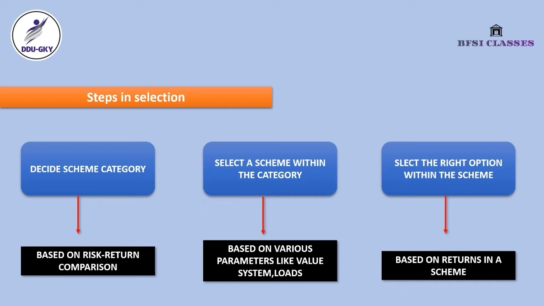It means that the selection ultimately will be based on the return on a scheme. Rather than risk or any other factor, the return from that scheme will be the final deciding factor.